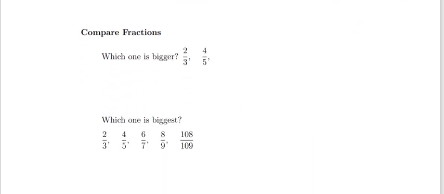Okay. So for fractions, sometimes we want to compare which one is bigger. Comparing decimal numbers is very easy, like 2.15 or 2.45. Which one is bigger? Very easy, right?